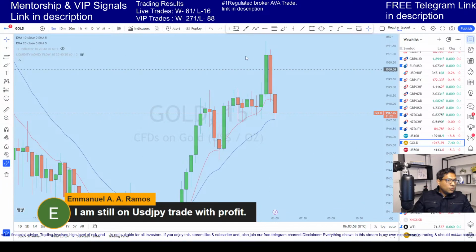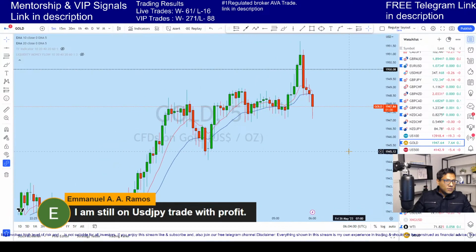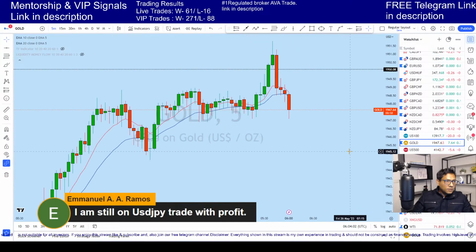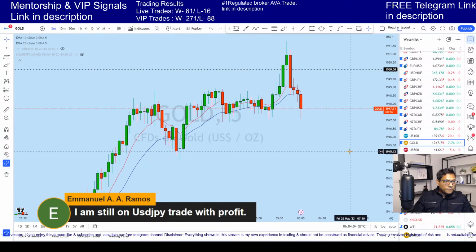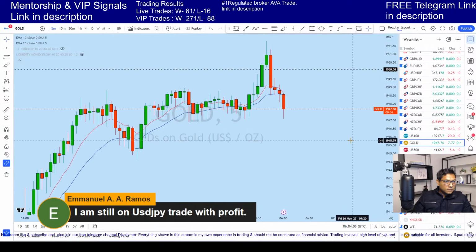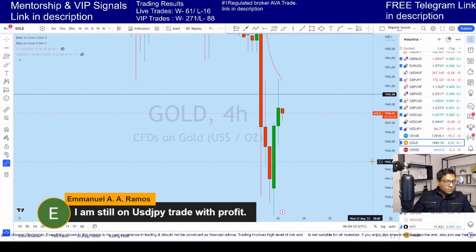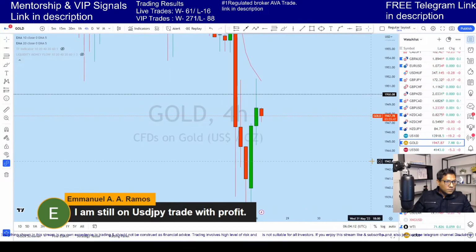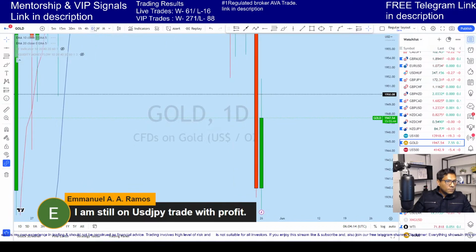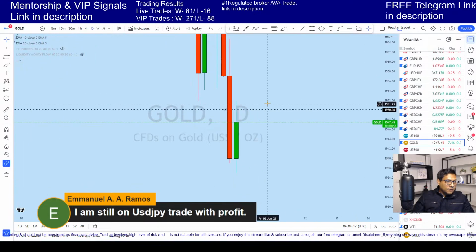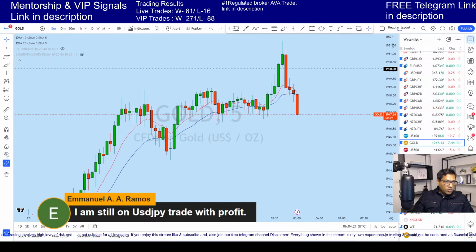Let me see on the lower time frame, on the 5 minutes. We might see that from this resistance line, the price is again trying to reject.